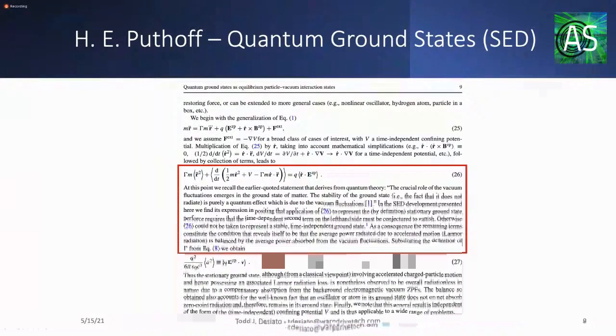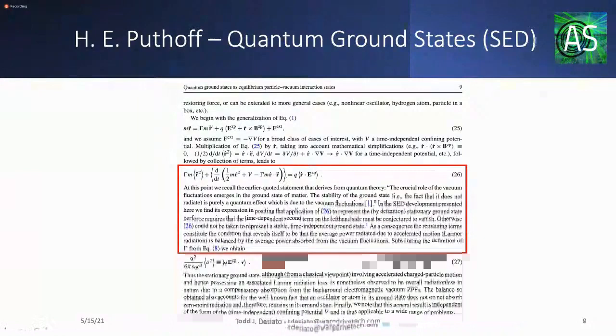In stochastic electrodynamics, that's SED, developed here, we find its expression is positing that application of equation 26 to represent the stationary ground state pre-force requires that the time-dependent second term on the left-hand side must be conjectured to vanish.